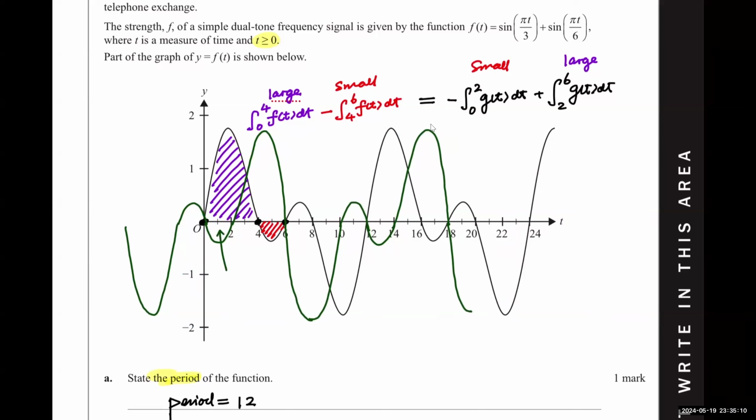Say you would get this bit is negative 0 to 2 of g(t) dt, and this is 2 to 6 of g(t) dt. So how do we obtain g(t)? Well, from f(t) to g(t), firstly, we did minus f of t.